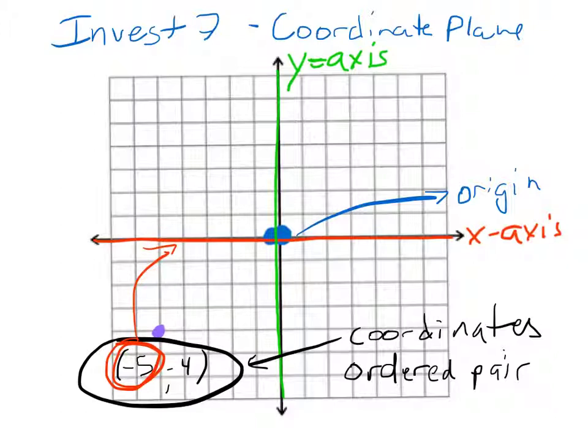And the second number tells us, so I can say like this, up and down, and it tells us where on the y-axis we needed to go, and it went to -4, -1, -2, -3, and -4. So the first number tells us left or right, and the second number tells us up and down. So the first number is the x-axis number always, and the second number is the y-axis.